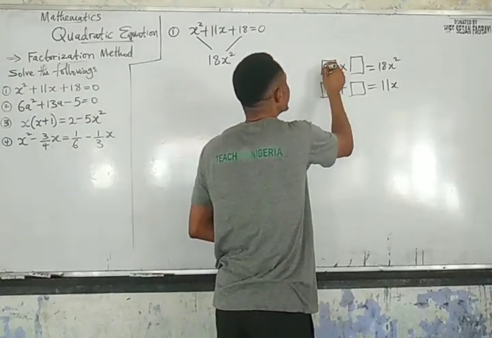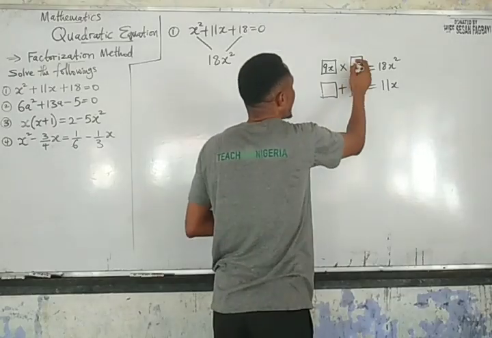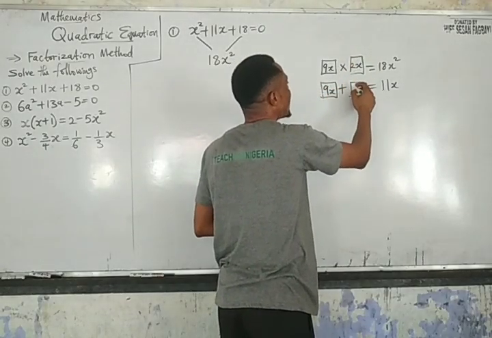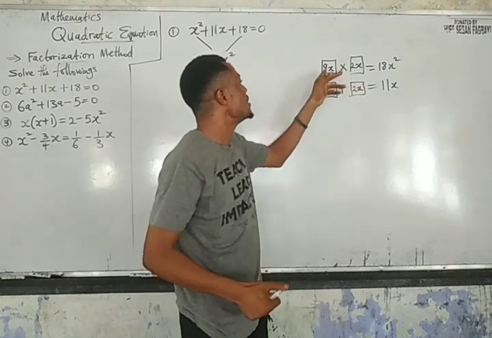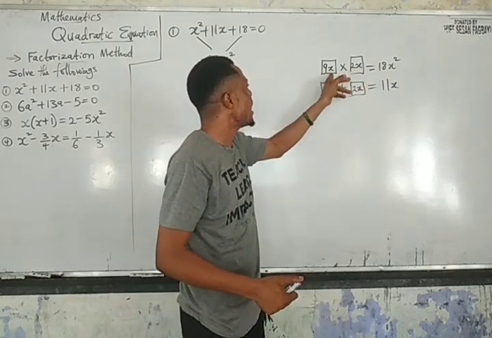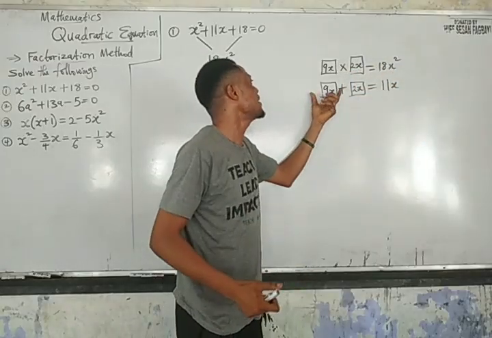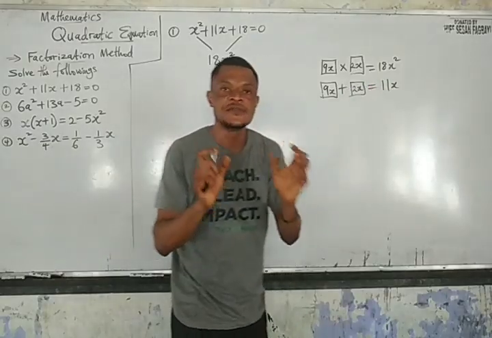So I will say 9x, because we are working around the x, and 2x. If you look at this vividly, 9 multiplied by 2, 18, x multiplied by x, we have x squared. At the same time, 9x plus 2x will give us 11x.